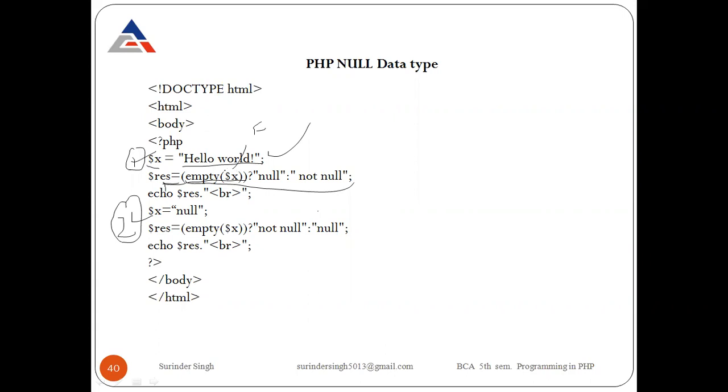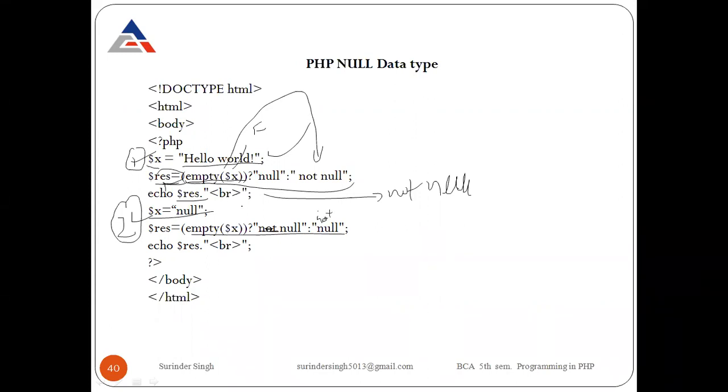Now which expression is to be executed? Expression 3, not null, so the result variable has value not null. It will print not null. Clear? And in the second case, we assign a null value to the x variable, and here we are checking. Here we have to write null, and here we have to write not null.